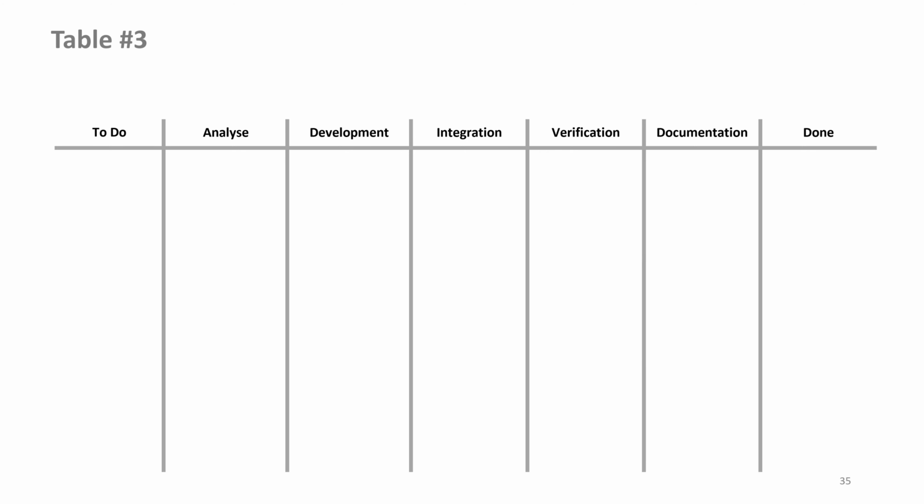In order to be able to speak of a Kanban board, we need clear rules about what the individual steps mean. For example, we need to define criteria so that something can go from to do to analysis.